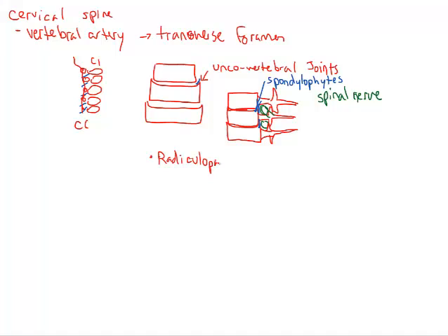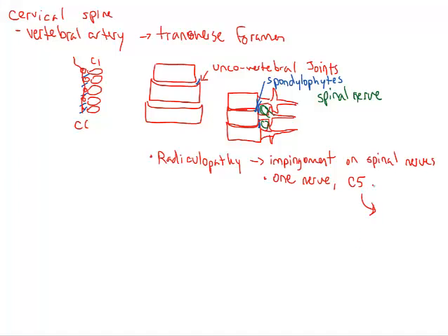Now, radiculopathy is essentially defined by impingement on spinal nerves. And you can either have it at one nerve, so you can localize it, for example, at C5, which would affect all the relating nerves that come to it, or it could be multiple.